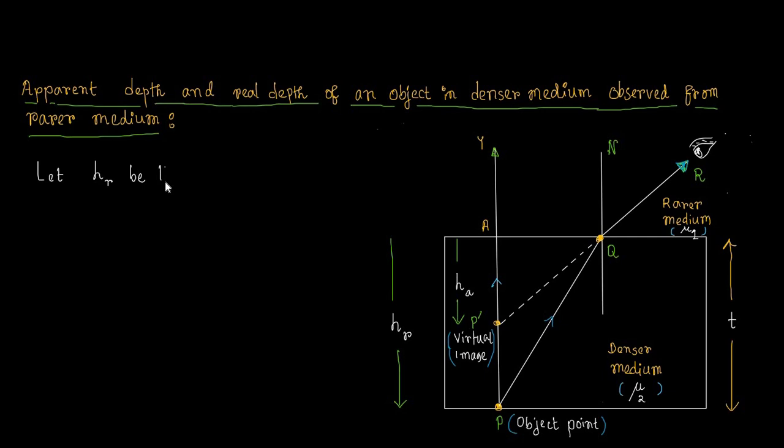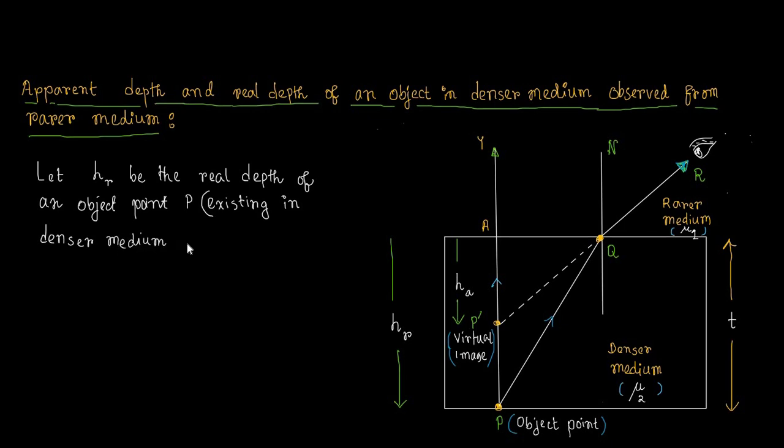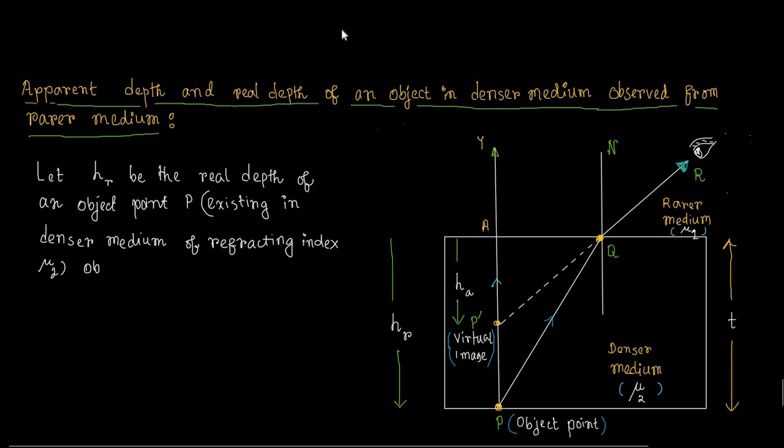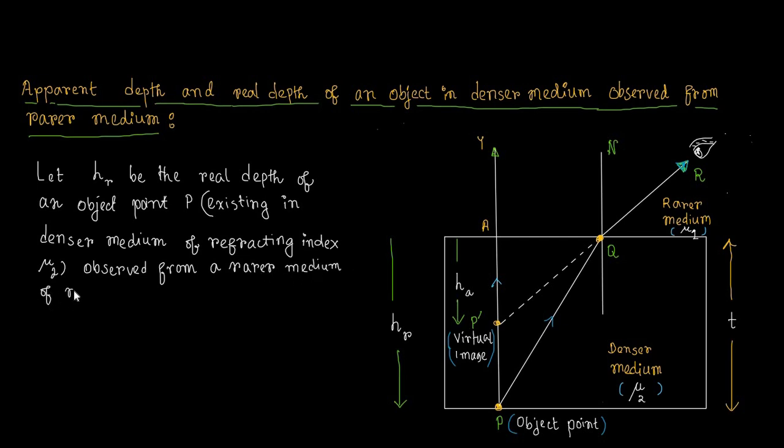Let HR be the real depth of an object point P existing in a denser medium of absolute refractive index mu2, observed from a rarer medium of absolute refractive index mu1.